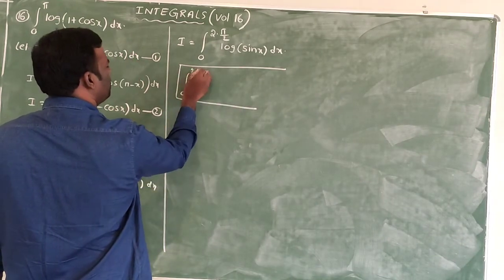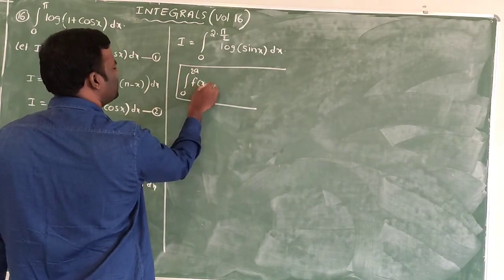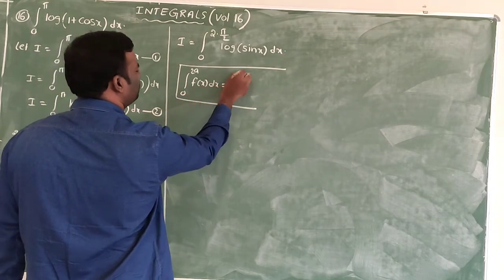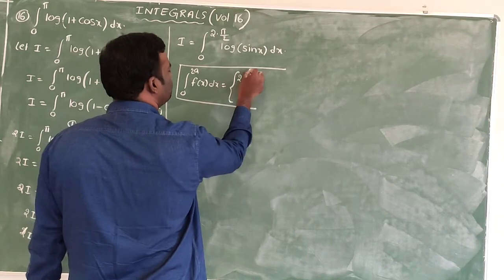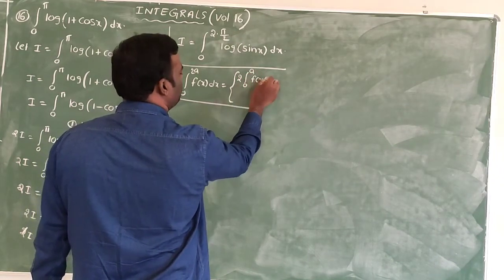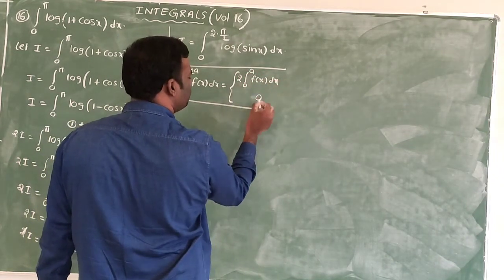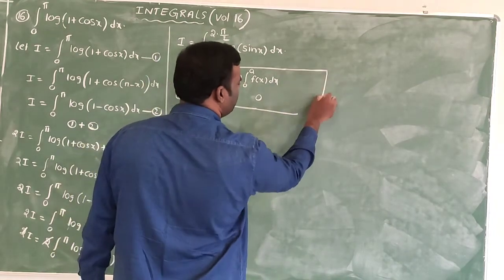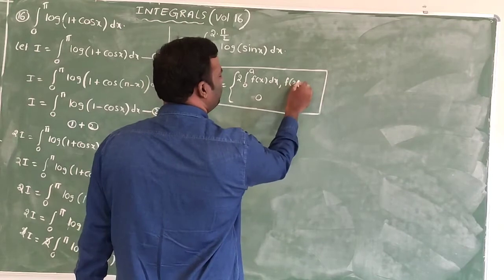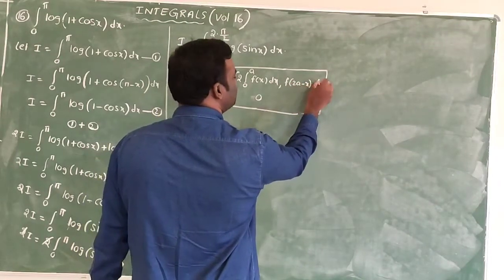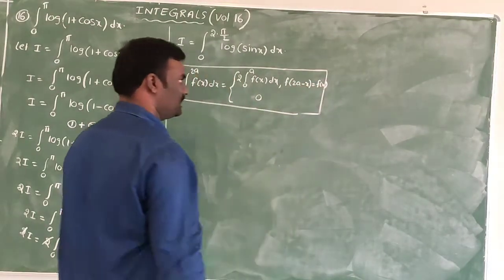So it is in the form: the integral from 0 to 2a of f of x dx is equal to 2 times the integral from 0 to a of f of x dx, or 0. When is this applicable? This is applicable if f of 2a minus x is equal to f of x.